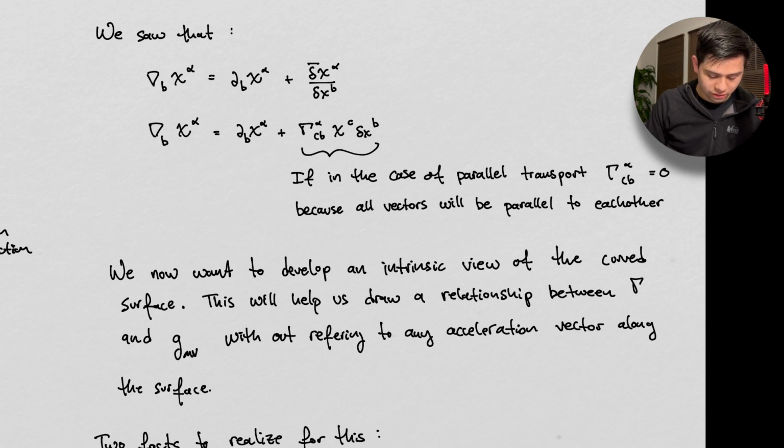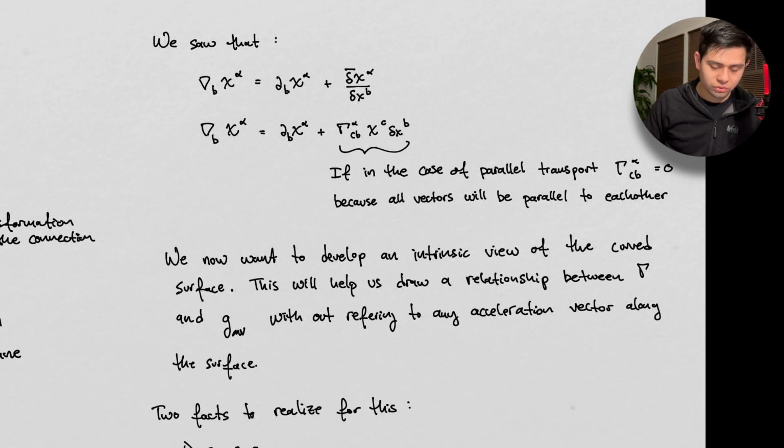So the covariant derivative is going to tell us something about the change, and if the connection is zero, then this notion of parallelism goes to zero, and so we're just going to get that this equals this.